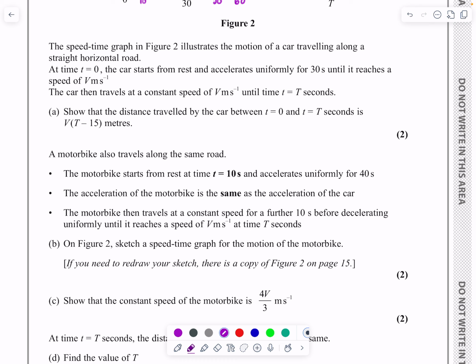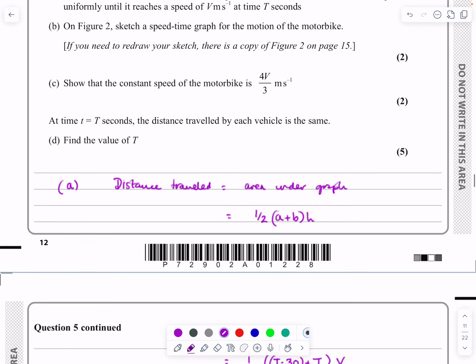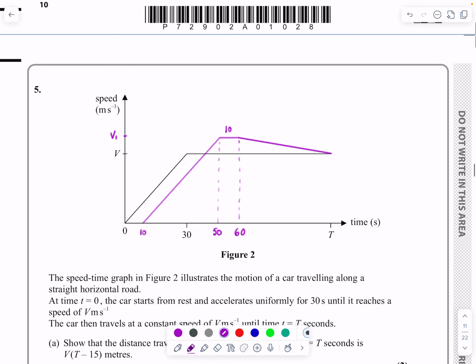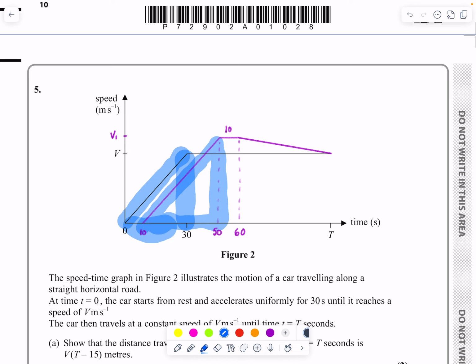So done, okay. And then for part C, it says, can we now work out what the constant speed is going to be? So if we're going to try and work that one out, what we need to do is to realise, we'll go back up here, to realise that these two accelerations are going to be the same as each other. So I'm going to work out the acceleration for that one using this triangle, and then I'm going to work out the acceleration for the second one using the second triangle.